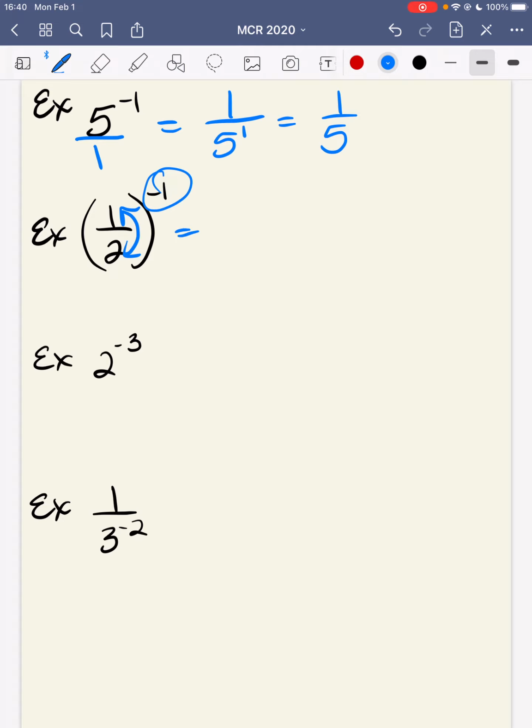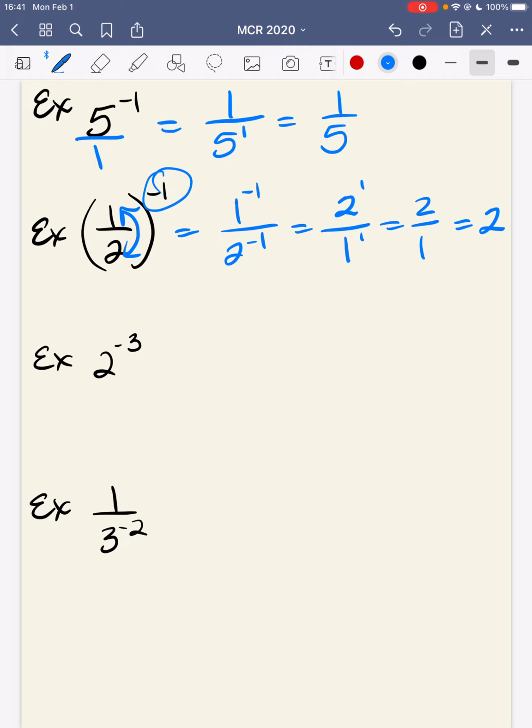If you want to, you could think of it as 1 to the negative 1 over 2 to the negative 1. I wouldn't go there, but that's how you could think about it. What needs to happen is each of these needs to swap places. So the 2 needs to go in the numerator, the 1 needs to go in the denominator. They're both to the first power. All right. The first power just means I have 2 over 1, and because this is a whole number, I really just have the number 2.